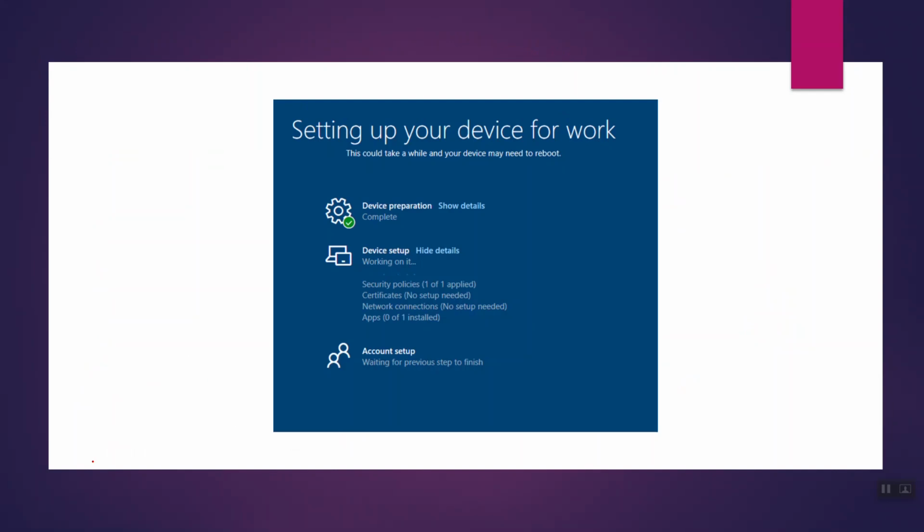Therefore, Autopilot deployment has made it possible to deploy an Autopilot profile which is going to join the device to the on-prem domain as well as to Azure AD. So it's doing something like what we would ordinarily refer to as a hybrid Azure AD join.